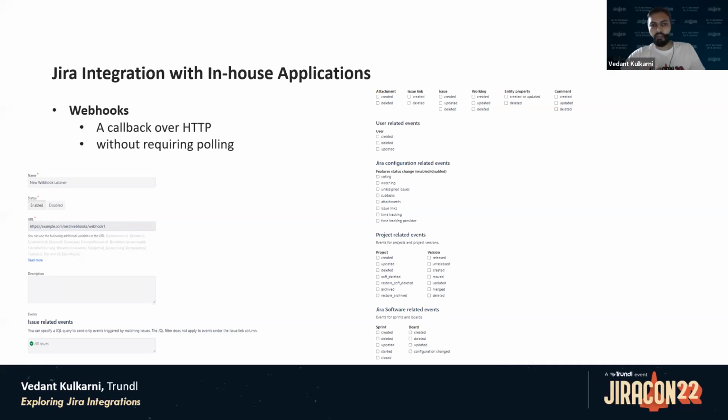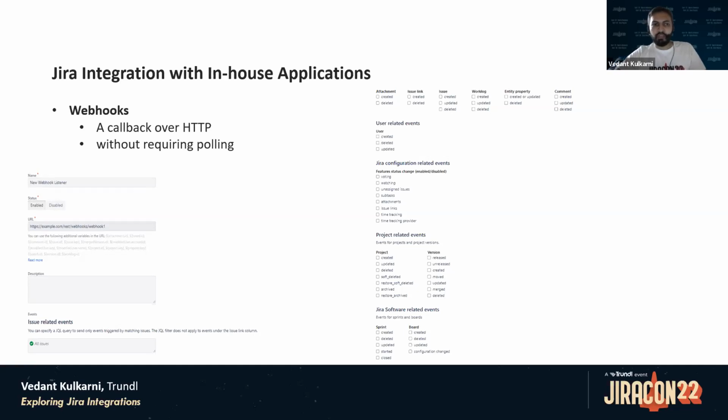also set the events that you want to trigger this webhook. So you can configure the webhook in Jira. Here we are going to talk not only about one side of the application, we are going to talk about Jira on premises and on cloud as well.